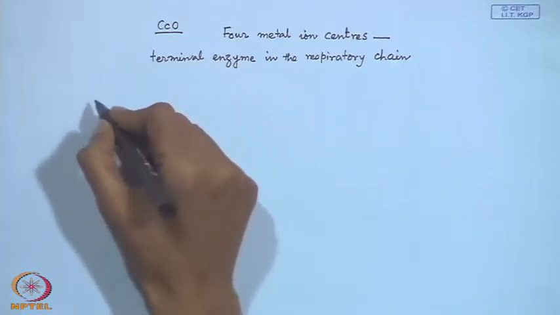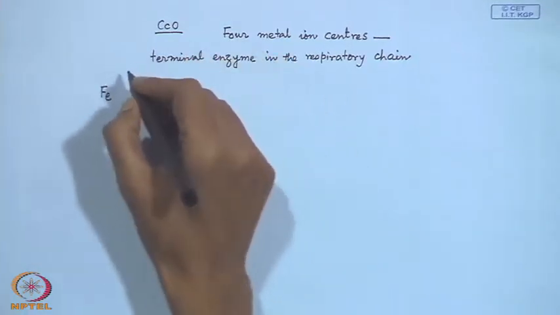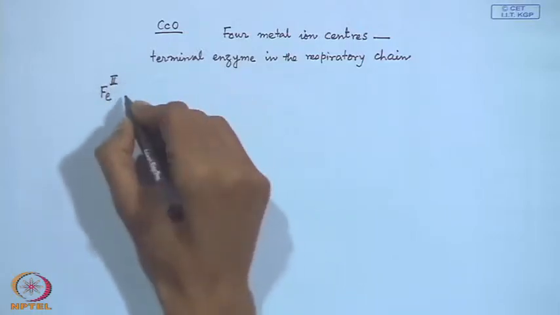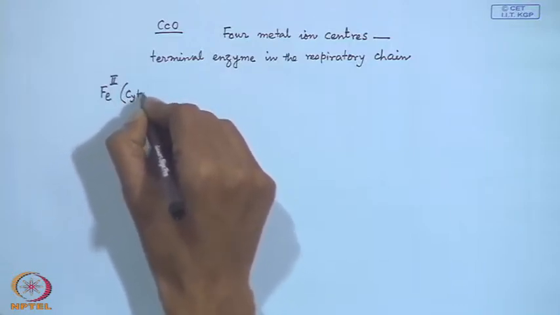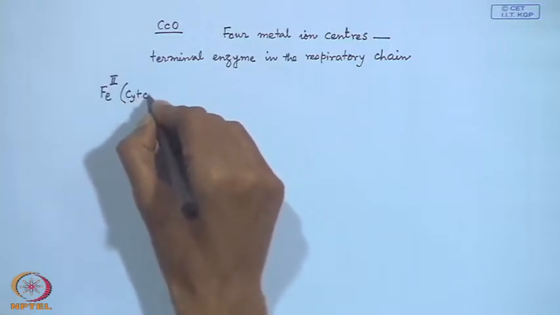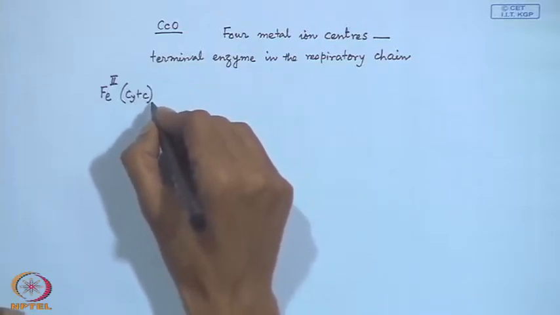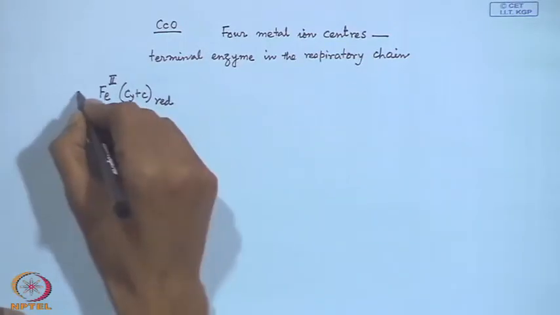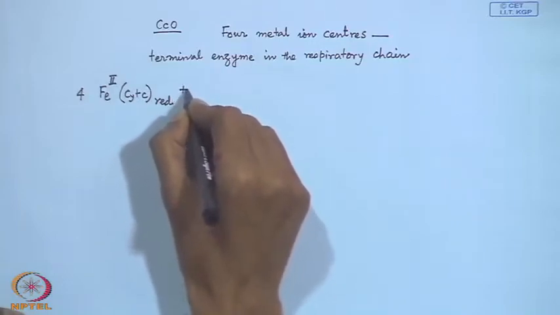So, we have the iron site, and the basic function of it we all know now, that it can supply the electrons from the reduced form of cytochrome C. So, it gives us 4 electrons, which is very important.